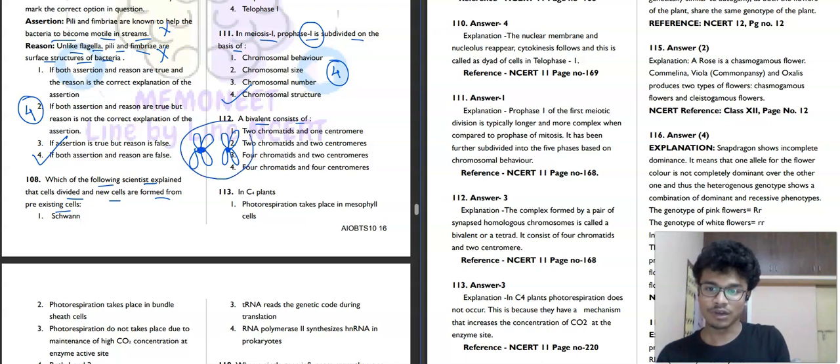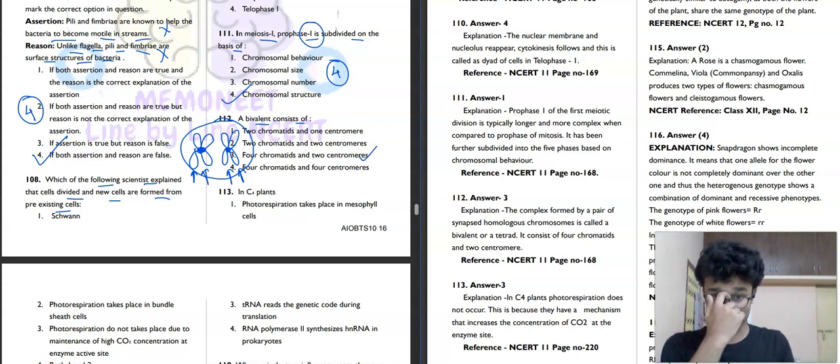This structure will consist of a bivalent. You can see that 1 chromatid, 2 chromatids, 3 chromatids, 4 chromatids, and 1 centromere and 2 centromeres. So 4 chromatids and 2 centromeres will be our correct option for this question.